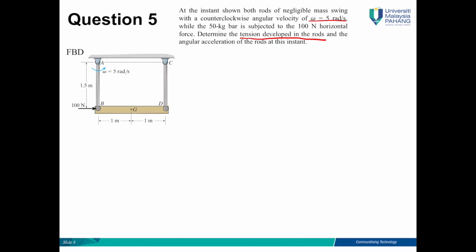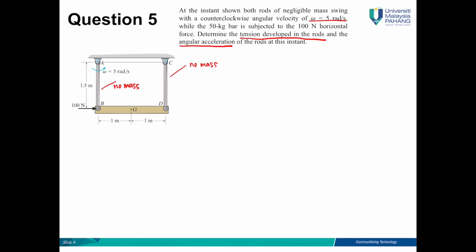These two rods, this one and this one, are of negligible mass. These two rods are used to hang the 50 kg bar. This is no mass. So what we want to find out is the tension developed in these two rods, as well as the angular acceleration of the rods.